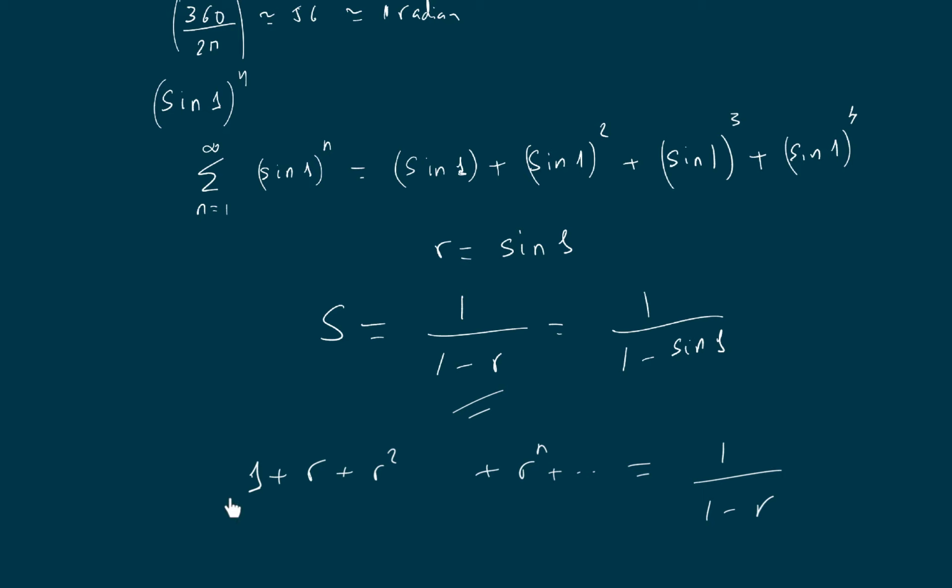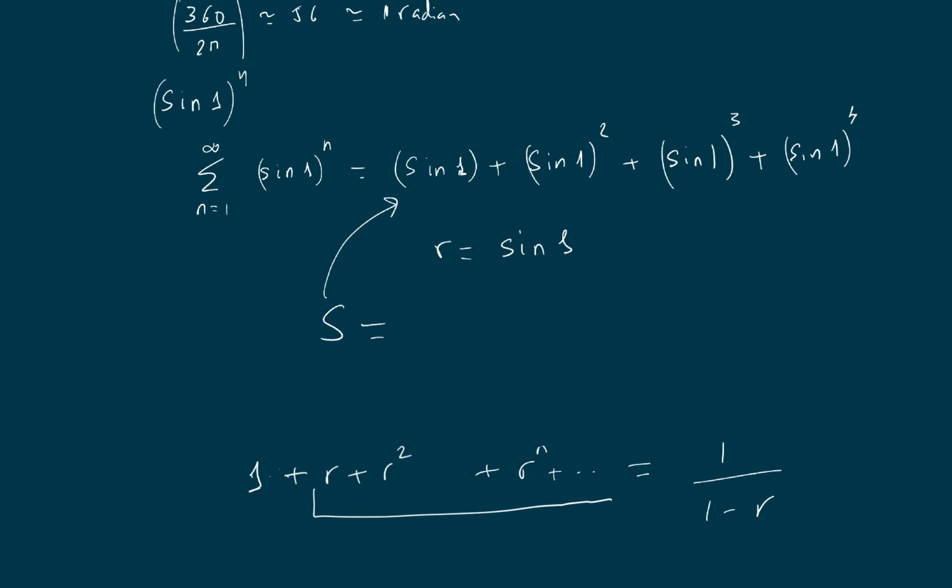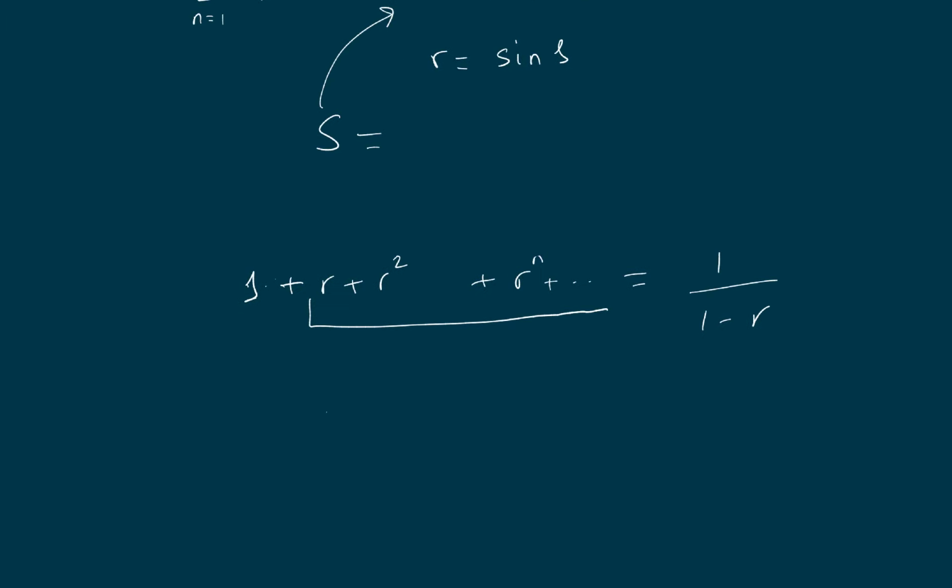What we have is the sum of everything. So from here we need to subtract 1. Let's do it. So the sum of this geometric series is indeed, let's erase here, this is r plus r squared plus r to the n, keep going, is 1 divided by 1 minus r minus 1.